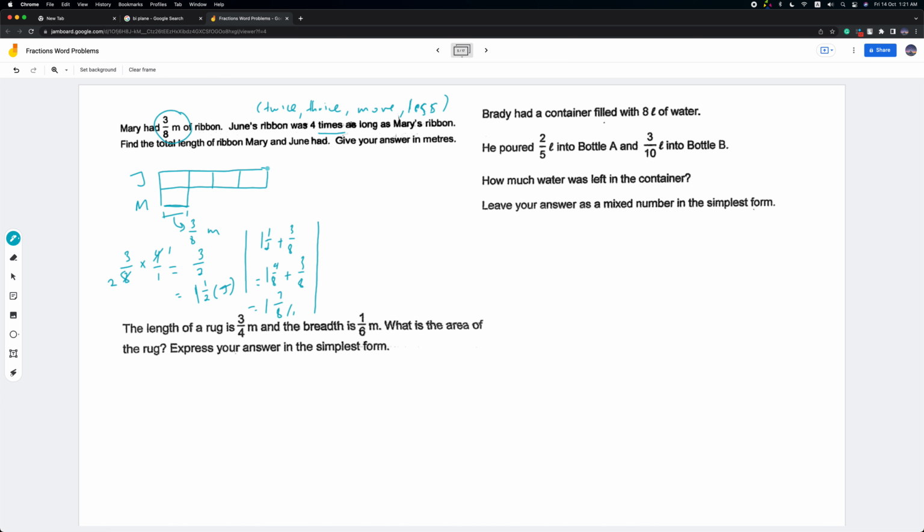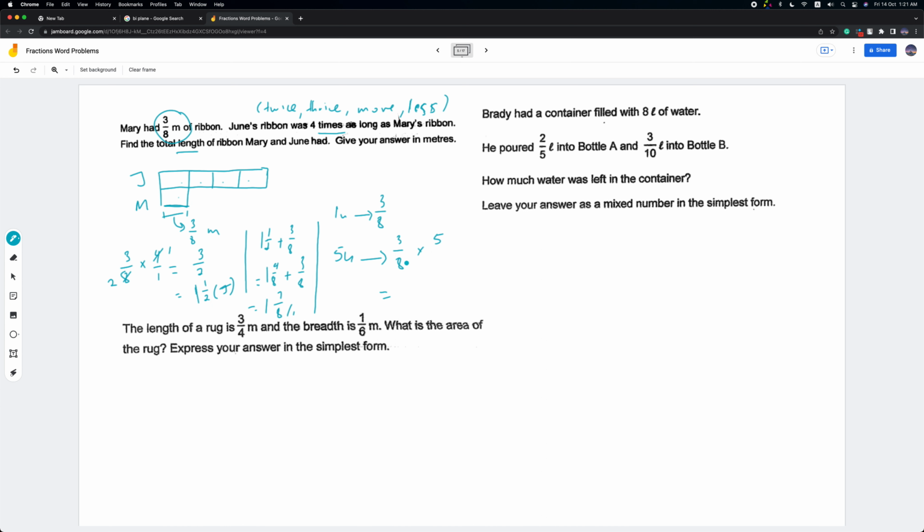Now let's say you understand the question a bit more, and you understand models a bit more. When they ask for the total, you can straight away count how many units there are. So there's 5 units, and you know that 1 unit is 3/8. So you can straight away find 5 units. How do we calculate 5 units? 3/8 multiply by 5. Take note here, you can't simplify.